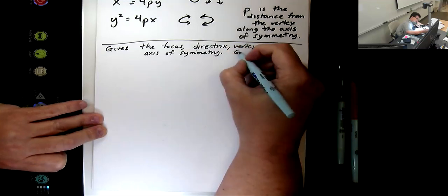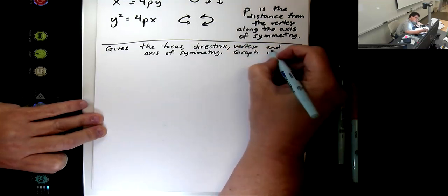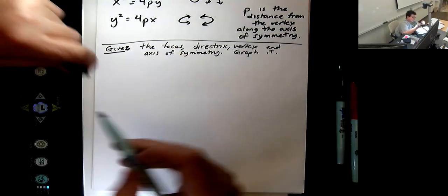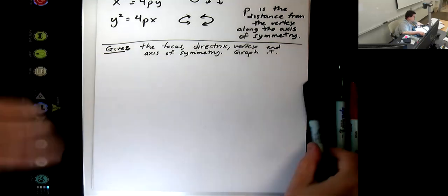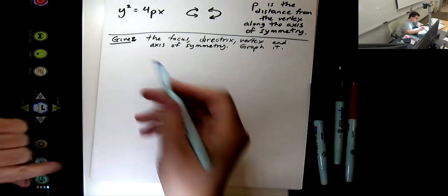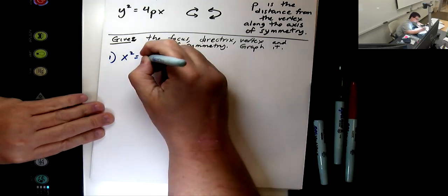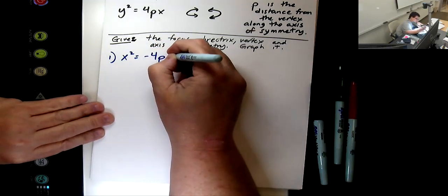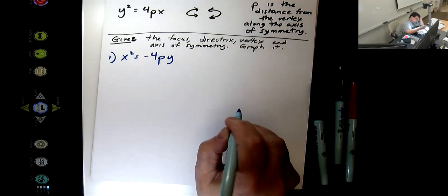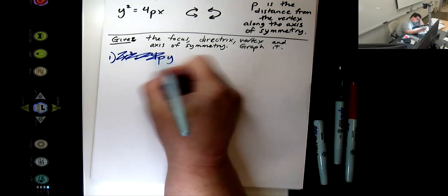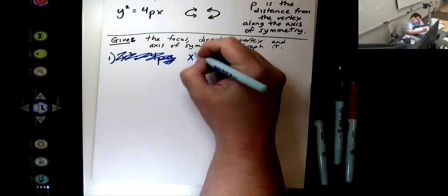And then graph it. Those are our instructions. Problem 1, we're gonna do x squared equals negative 4y.